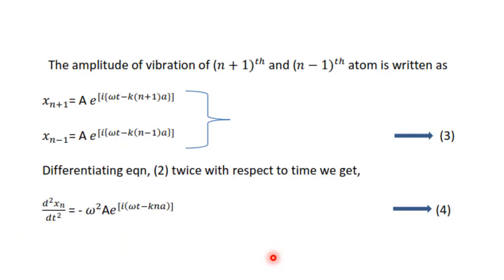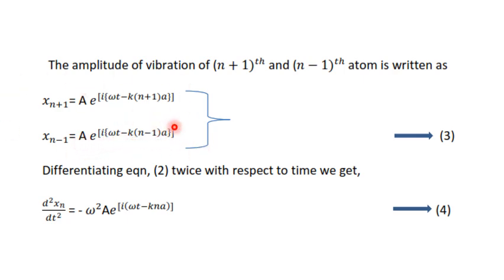Now, that is the equation for xn, so for n plus 1 and n minus 1, xn plus 1 is equal to a e power i omega t minus k, and in that equation it is kna because it is the nth atom. Here it is the n plus 1th atom, therefore instead of n, it is n plus 1 times a. xn minus 1 is equal to a e power i omega t minus k n minus 1 into a.